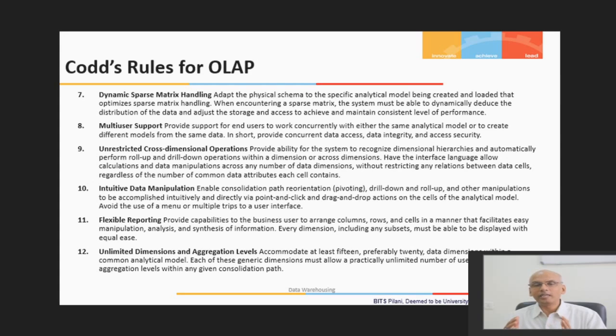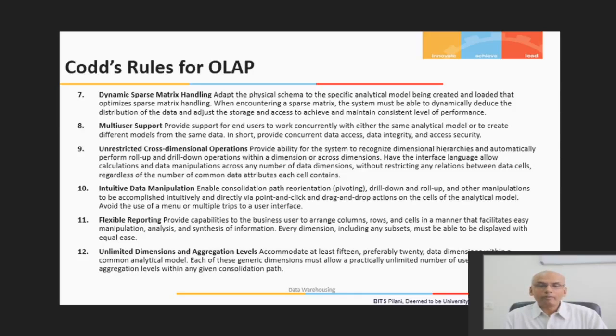For example, in a retail chain, there may be a product that they keep in the store because it is necessary, but the store may be selling it very rarely. So when you take a count of the products sold and you are creating a multidimensional cube or array, you may get many zeros there. In such a situation, the OLAP product should have the ability to handle the sparse matrix properly, so that the processing is optimized.